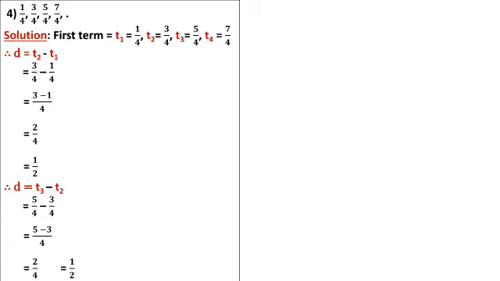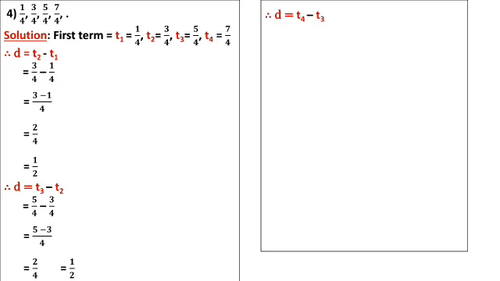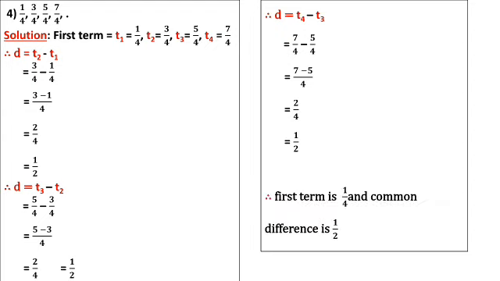Here also difference 1 upon 2. The next term also we got the difference 1 upon 2. So here our first term is 1 upon 4 and the common difference is 1 upon 2. I hope you have understood and thank you for watching this video.